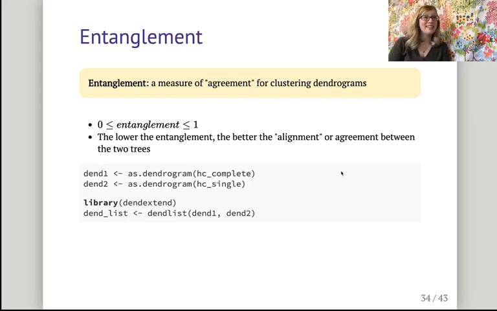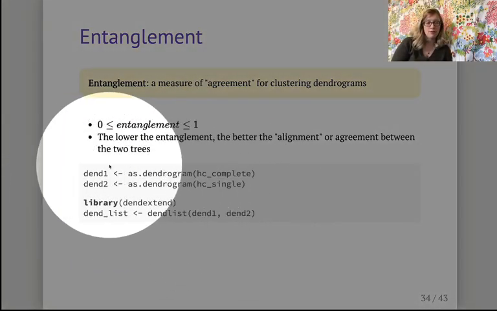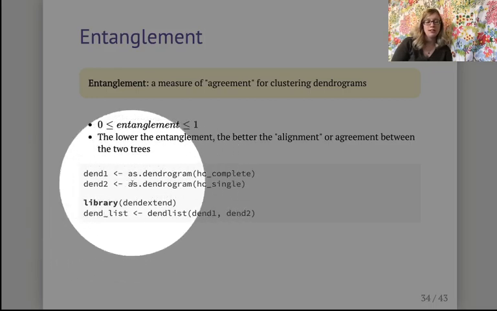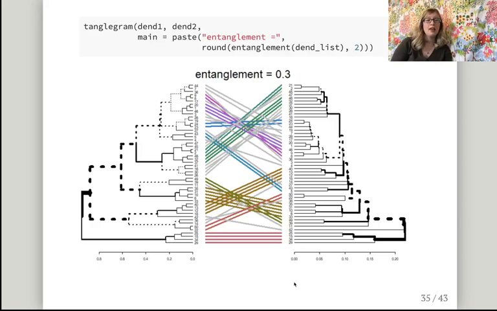So let's look at what this entanglement actually looks like, and that really explains, I think, the best why lower entanglement means agreement. So I'm going to save each of these clustering results as a dendrogram. I'm going to use a library in R called dendextend, make a list of my 2 dendrograms, and then create what's called a tanglegram. So we'll actually calculate the entanglement.